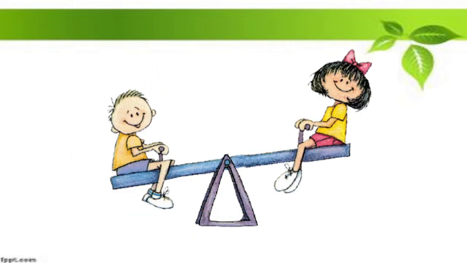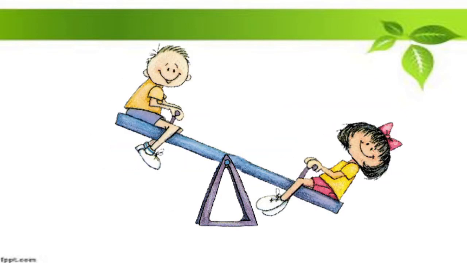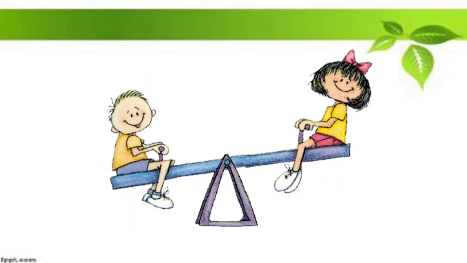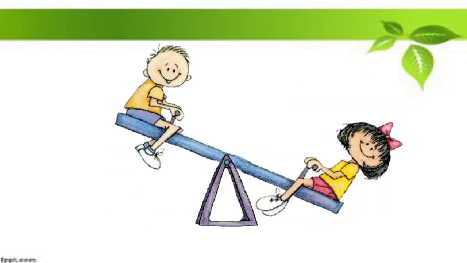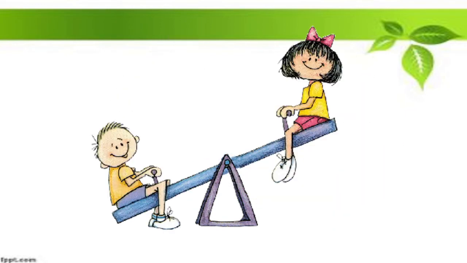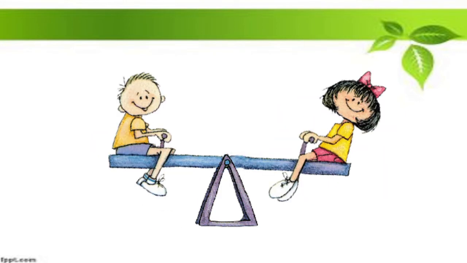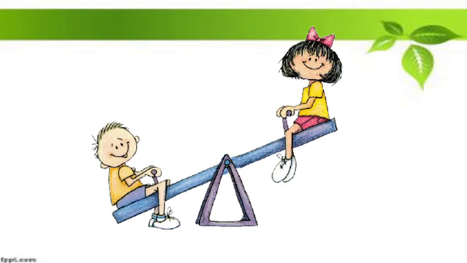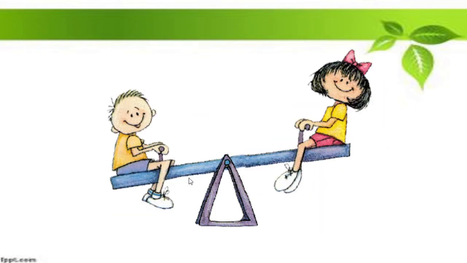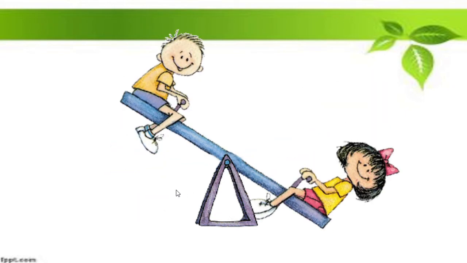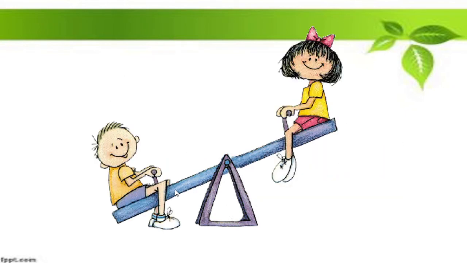Yes, dear children, see, this is a seesaw. You like to play this, isn't it? When you go to the garden, you play on this seesaw, right? What is the mechanism of this one? Yes, do you know?